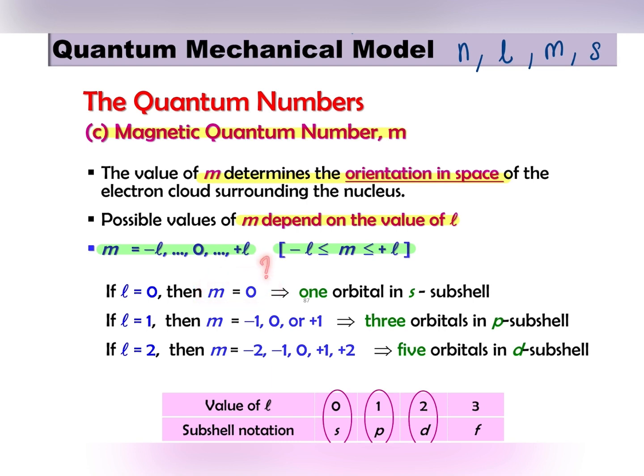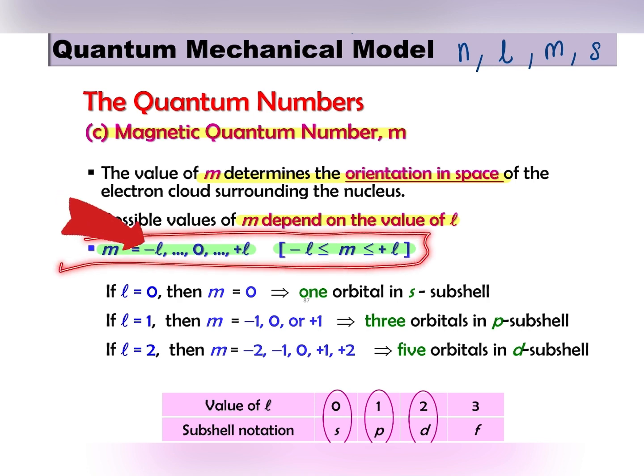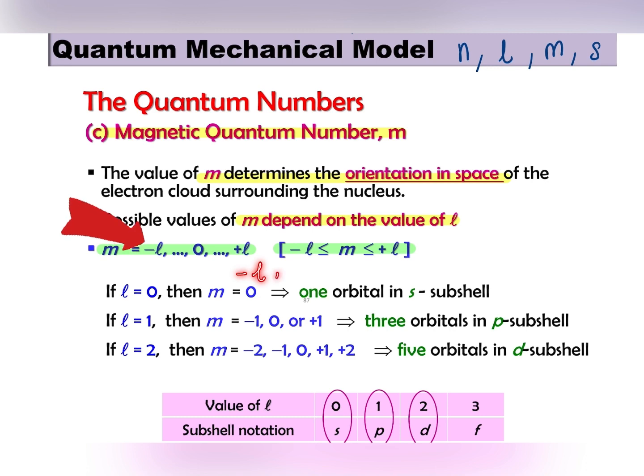So kita refer balik this relationship, the one I highlight in green. Dia akan start daripada negative L, 0, positive L. Okay, so if L value ni 0, so means M hanyalah M will equal to 0 sahaja. So means there's only one orbital in S subshell. Hanya satu sahaja.